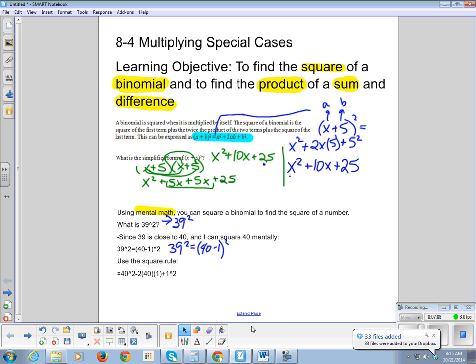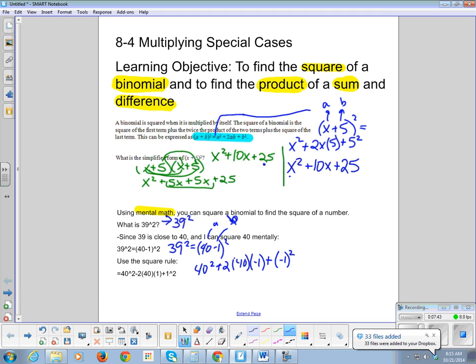So you would write 40 minus 1 squared, and then we're going to use this rule. If my A is 40 and my B is -1, then I can say A squared, which is 40 squared, plus 2 times A times B plus B squared.